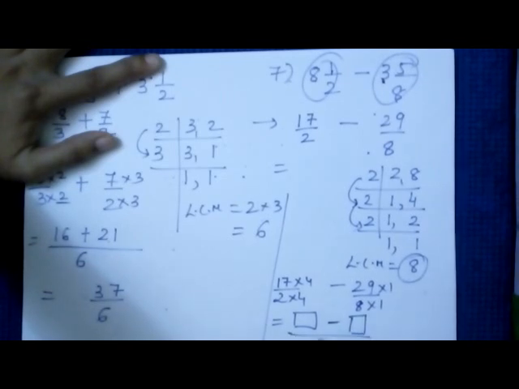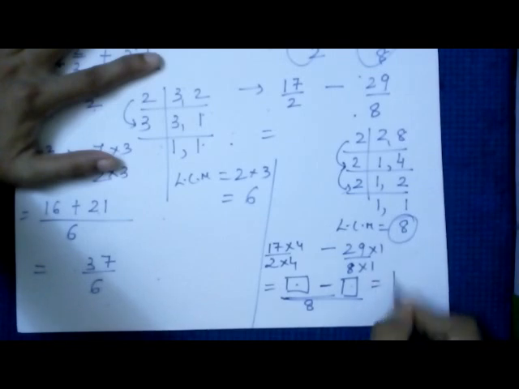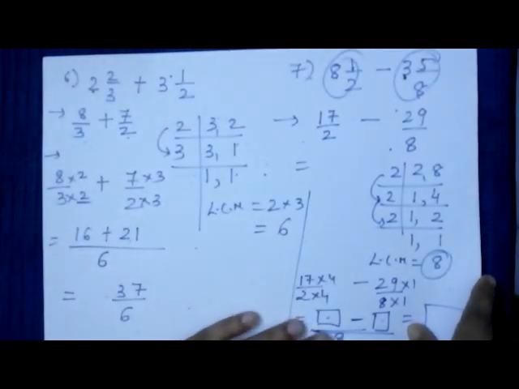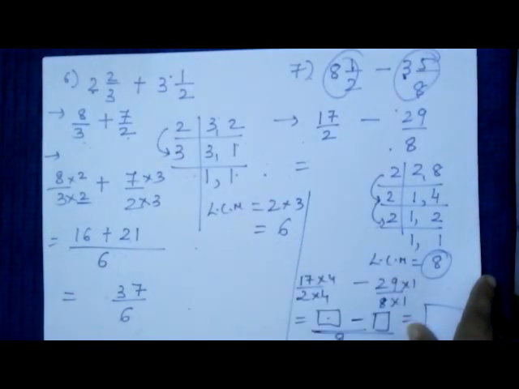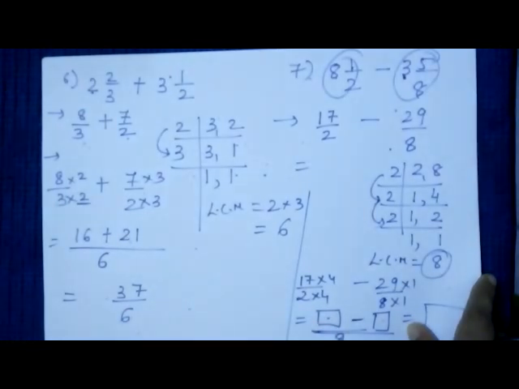And then whole upon 8. Whatever answer you get over here and over here, you need to subtract, and that will be your last answer. So the 7th one you people will try yourself. Almost all the steps I have shown. So here question 1 of exercise 2.1 is over.